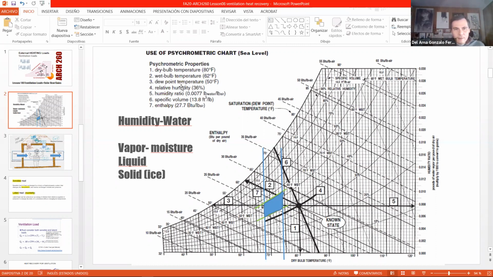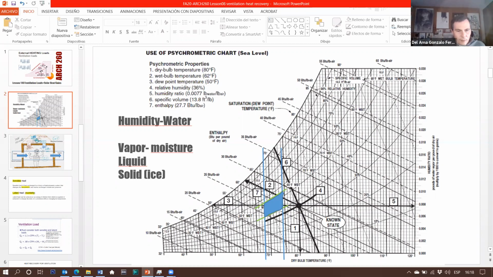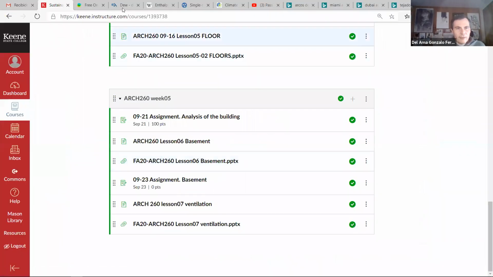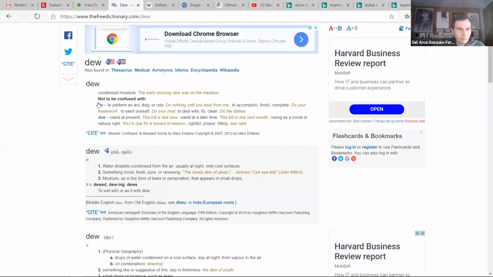Then the dew point. The dew point temperature, well, we can explain here the definition of dew. The dew is condensed moisture. So that's the definition of dew. And this is an example: the early morning dew was in the meadow. Beautiful. Okay, so it's condensed water.